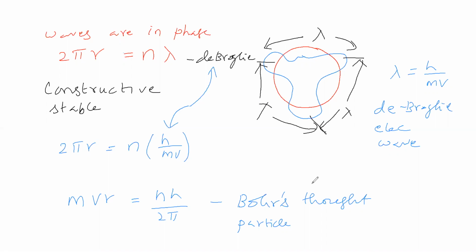We cannot say which is correct and which is wrong. For everything experimental proof is there: for particle nature, and for wave nature. And from de Broglie's equation we are getting Niels Bohr's concept.